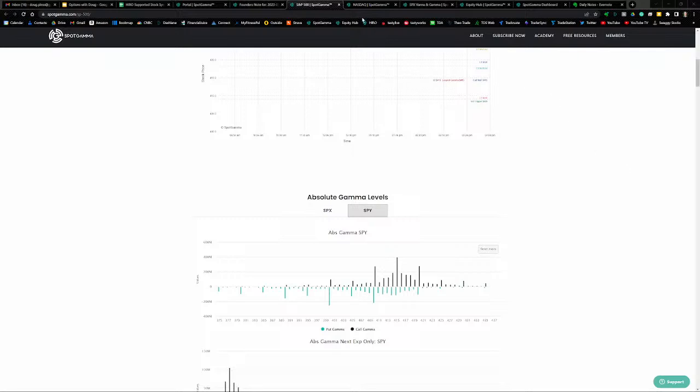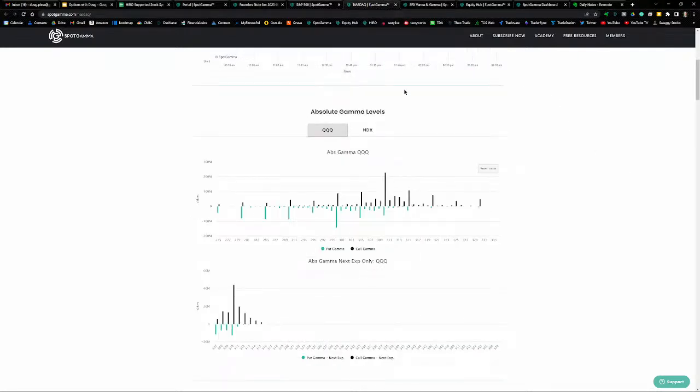Okay, then let's take a look at NASDAQ. And we'll look at QQQ. NDX is not significant. So for QQQ, the put wall dropped down here to 285, and that's not in play, but anyway, that's what it is, the put wall.